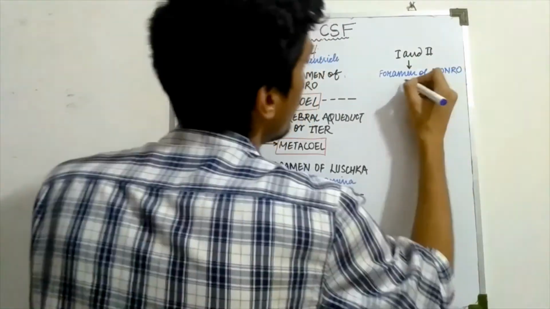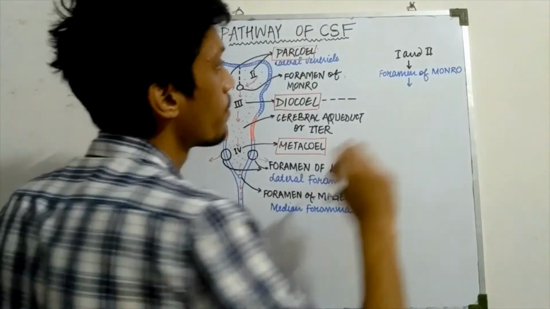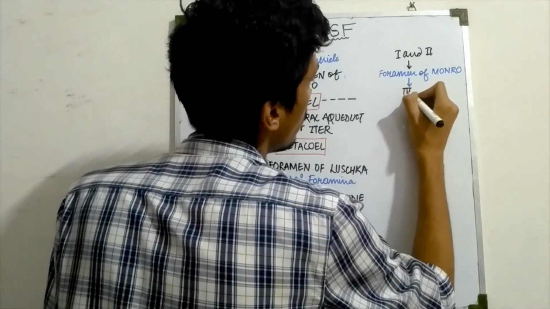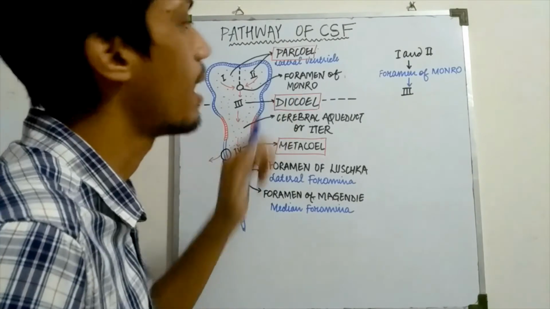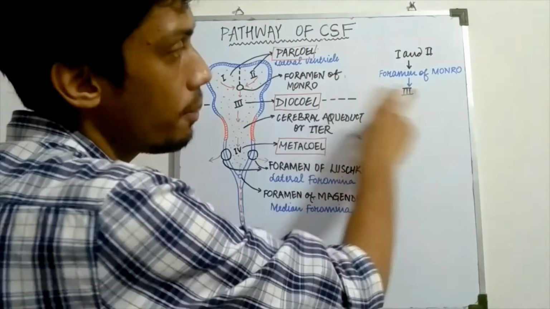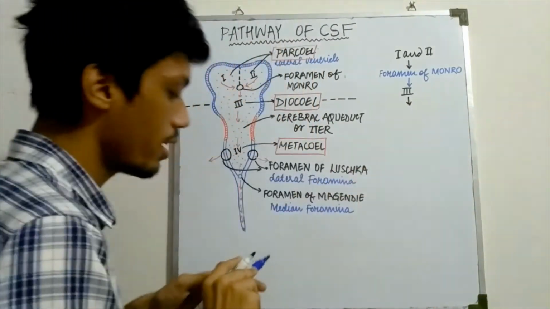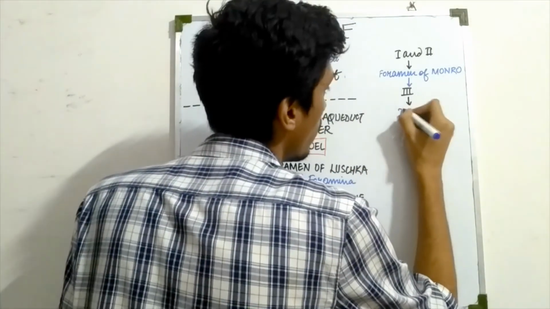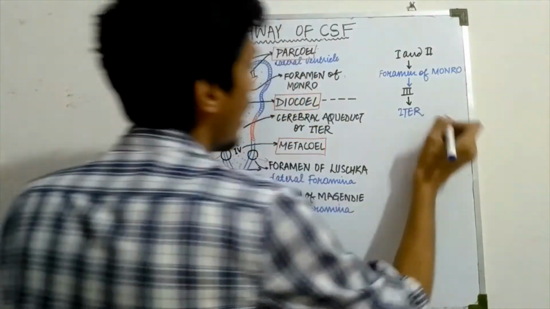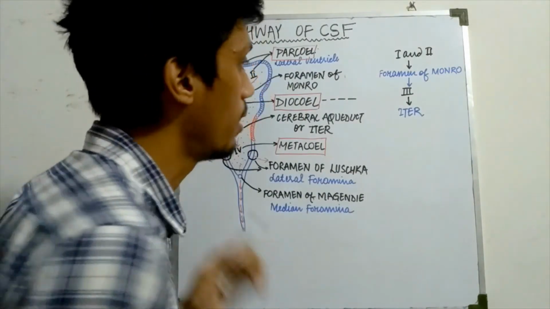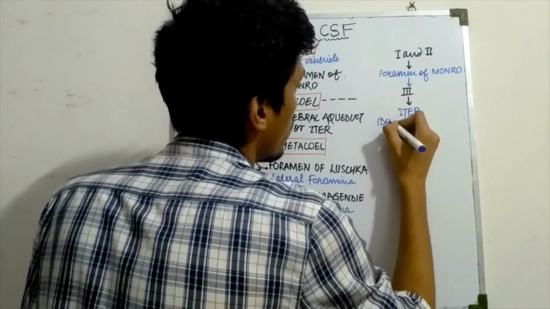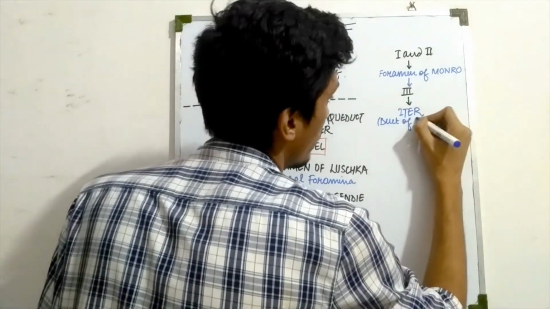From the foramen of Monro, it goes to the third ventricle, and the third ventricle is the diacoele. From the diacoele, it will run to the cerebral iter, which is the cerebral aqueduct or duct of Sylvius.